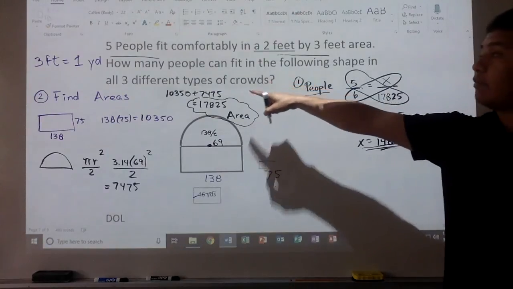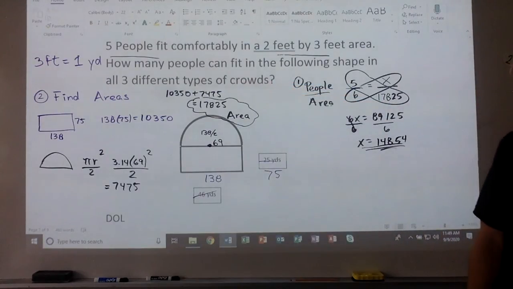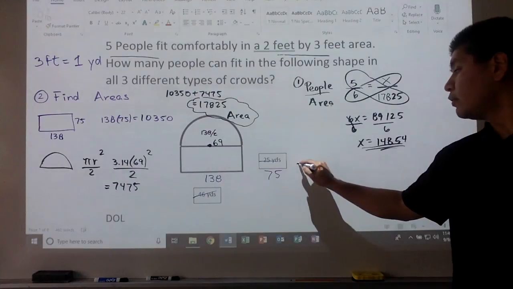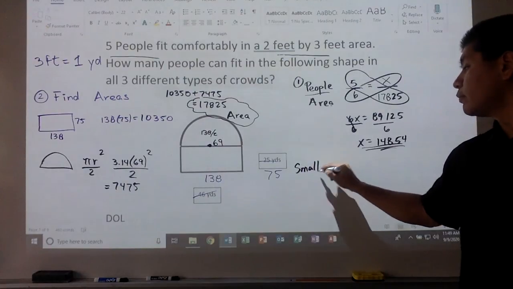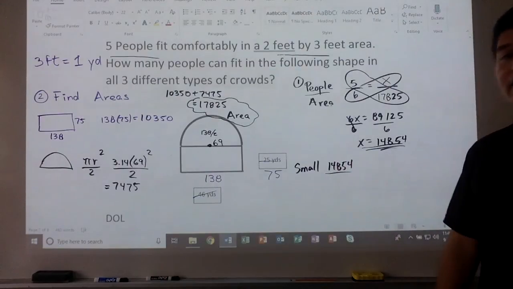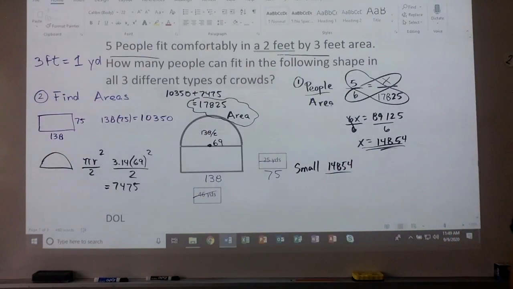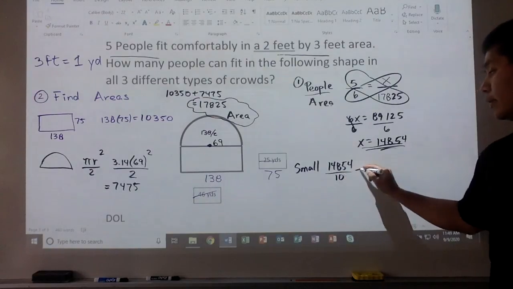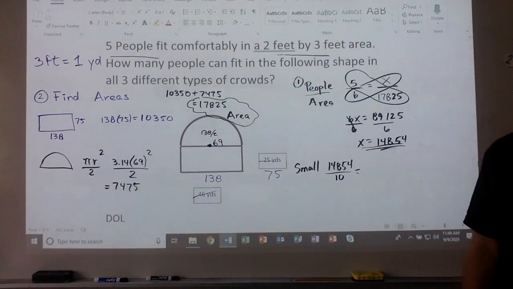But like the other problem, I have to figure in the different types of crowds. So small. 14,854 divided by the number that comes with being in a small crowd. 10. Find the answer. Medium.